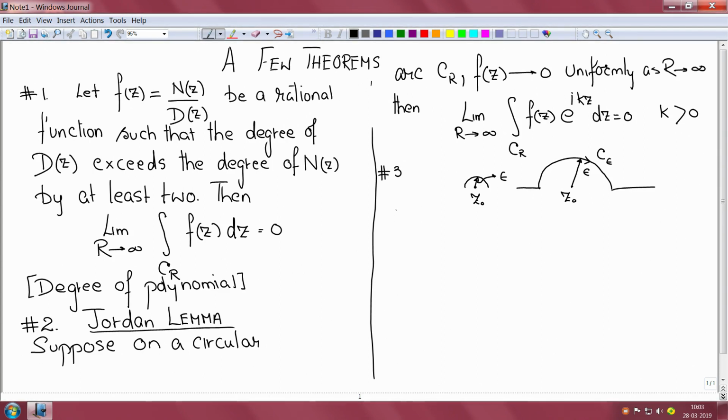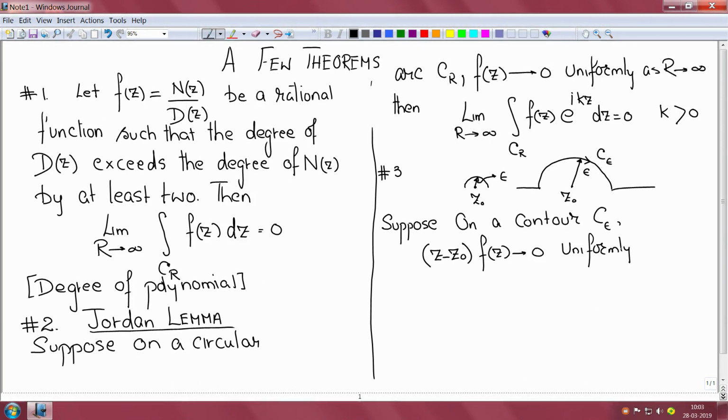So theorem number 3 says, suppose on a contour C epsilon, (z minus z0) f of z goes to 0 uniformly as epsilon tends to 0.